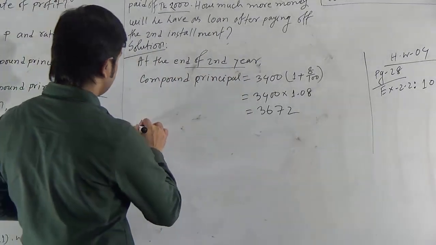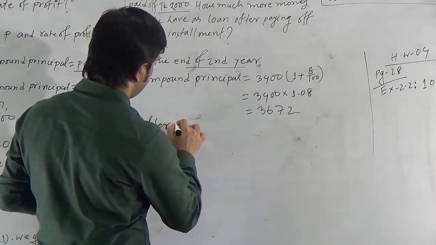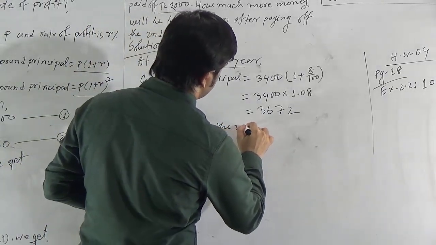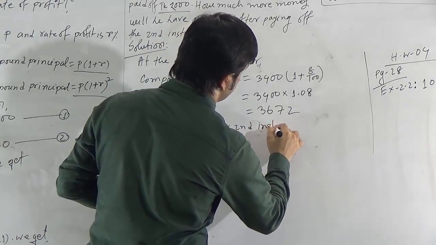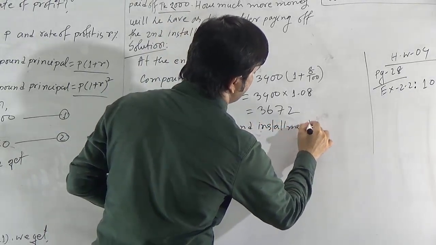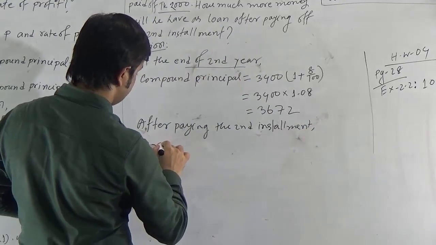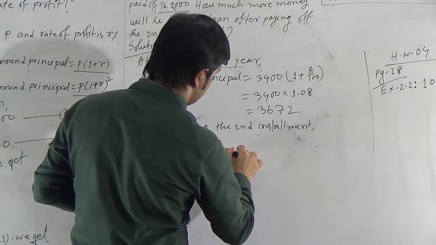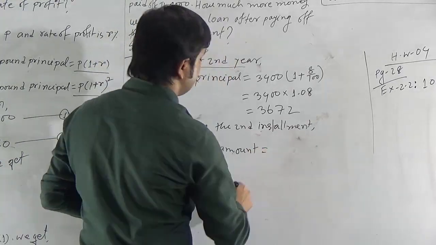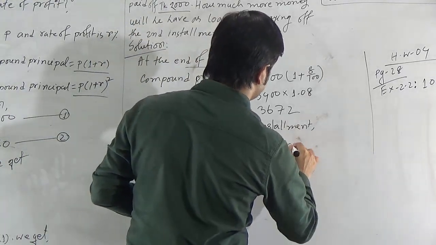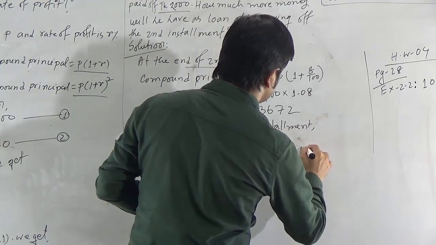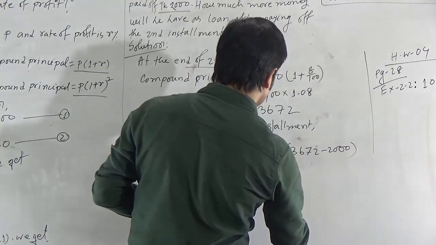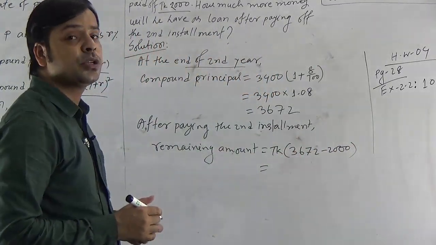After paying the second installment, the remaining amount will be equal to taka, we have to subtract 2000 from 3672, as in each installment the person pays 2000 taka.